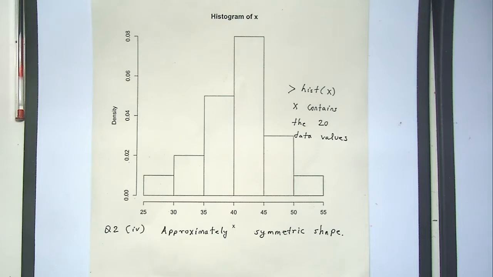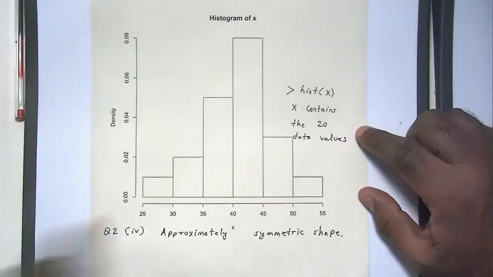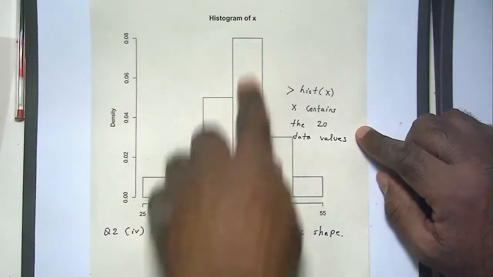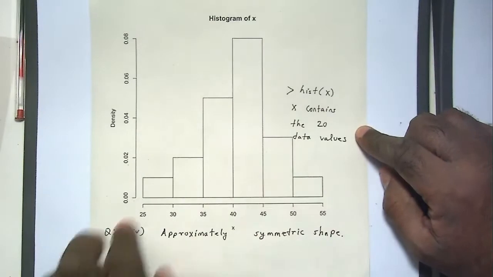Yeah, that's a very good question, guys. See, the reason I have divided by 5 in the table I showed you earlier, in this table, where is it? Here, in this table I have divided by 20 and also 5. The reason is that if I don't divide by 5, the area below this histogram will not be 1.